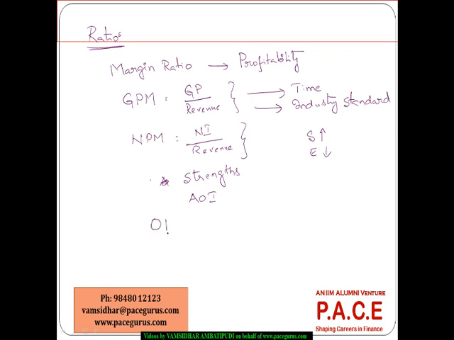I could talk about operating income divided by the revenues, giving me the operating profit margin, or the profit before tax divided by the revenue, giving me a pre-tax margin. All these different margin based ratios can very well be obtained from the income statement. They could quite comfortably be used for comparing the historical performances or the performances with respect to the competitors.